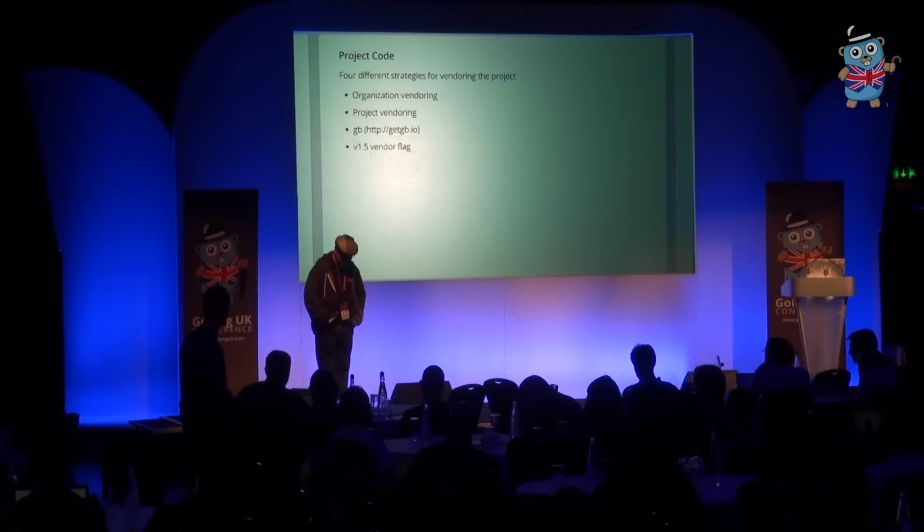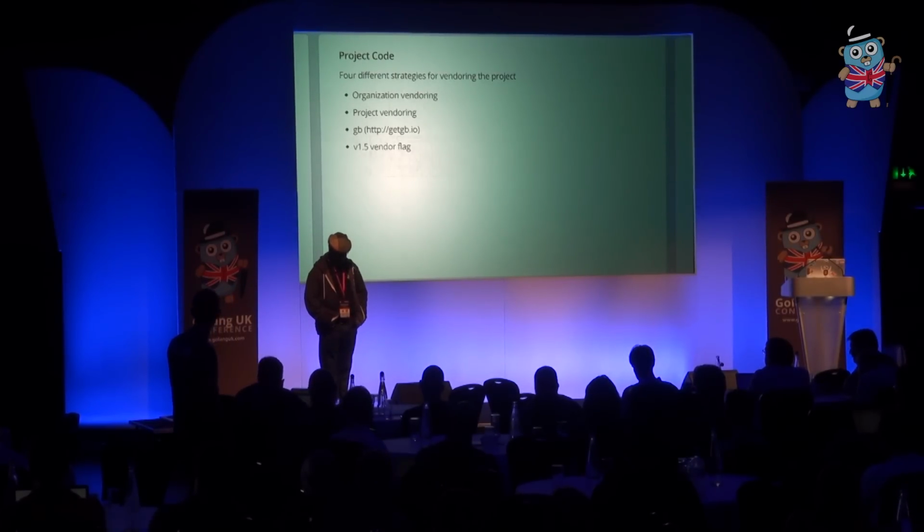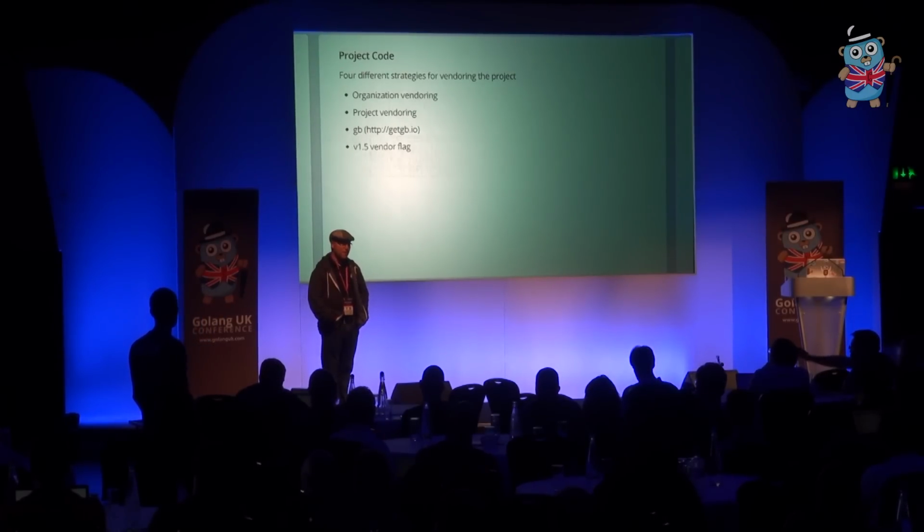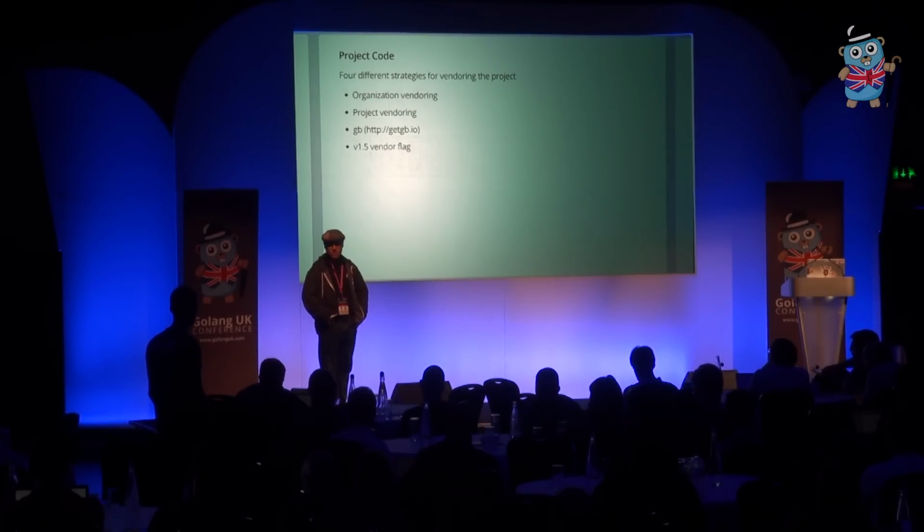So this is not for, okay. This is my opinion. You shouldn't be vendoring packages that you're open sourcing. It's not your responsibility as a package author to worry about that. If you're building binaries, right? I'm building a binary that's going to go into production. Now it's my problem. Now I have to worry about vendoring.